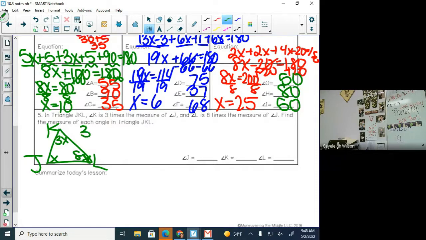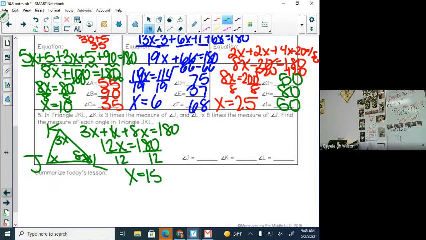So 3x plus x plus 8x is going to be 180. So it's 12x equals 180. 3 plus 1 is 4, and 4 plus 8 is 12. Divide by 12, and what's x?